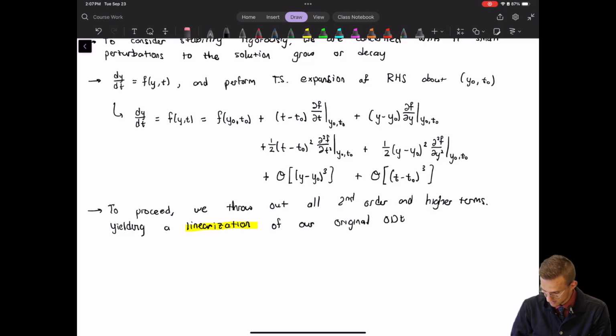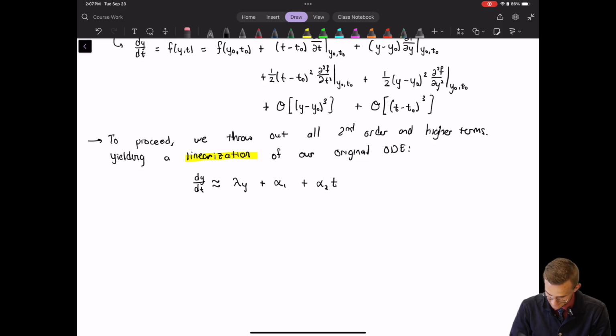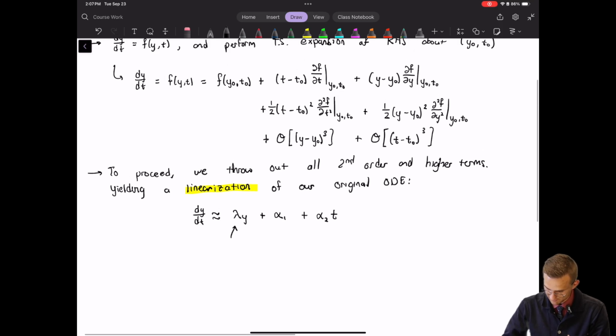The linearization has the following form, where dy/dt is approximately equal to lambda y plus alpha 1 plus alpha 2 times t. What these constants are, if you look above, is that the only term in front of the y is this constant, df/dy. So lambda is equal to the partial derivative of f with respect to y, evaluated at y naught, t naught.